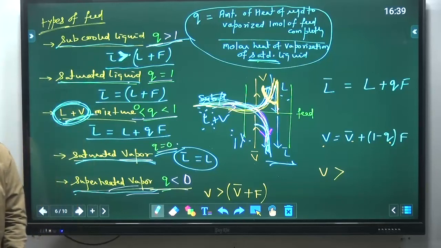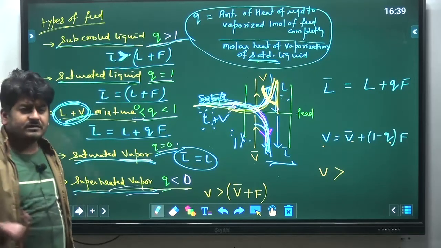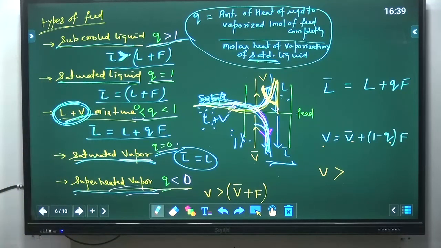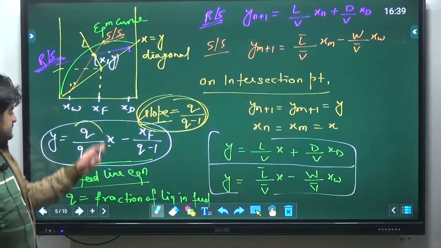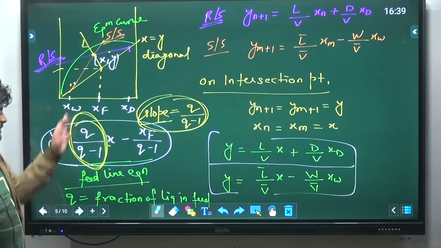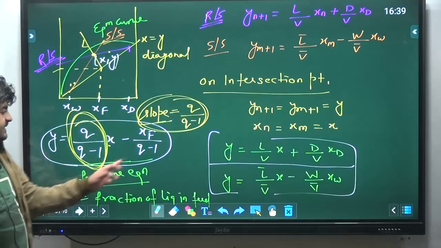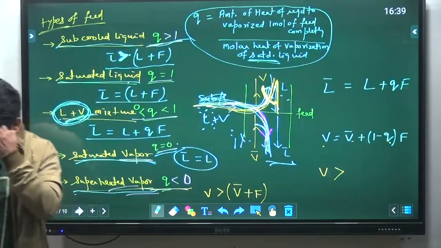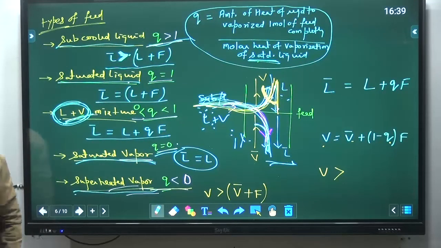Now, what is Q actually, and how you can find out the values of Q. And remember the slope of the feed line equation is Q over Q minus 1, and the intercept is XF over Q minus 1. Is it clear, guys?